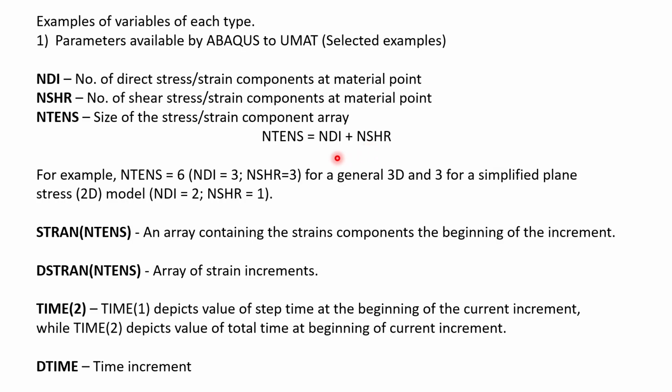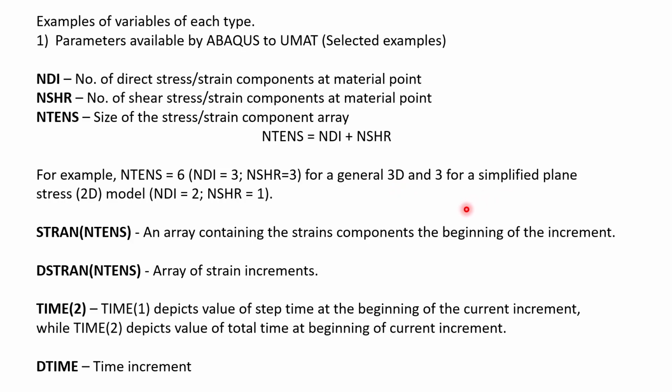If you look at an example, for a general 3D case, we know that there are 3 normal stress or strain components and 3 shear components. We can list them as sigma 11, sigma 22, sigma 33. These will be your normal components. The shear stress components will be sigma 12, sigma 23 and sigma 31. So this is for the general 3D case.